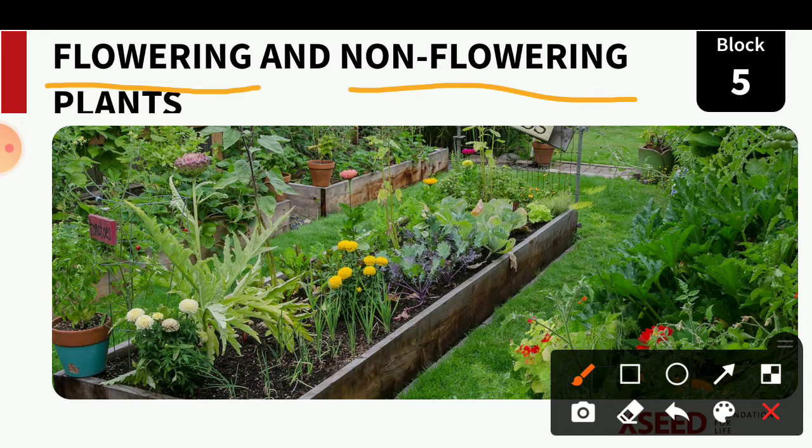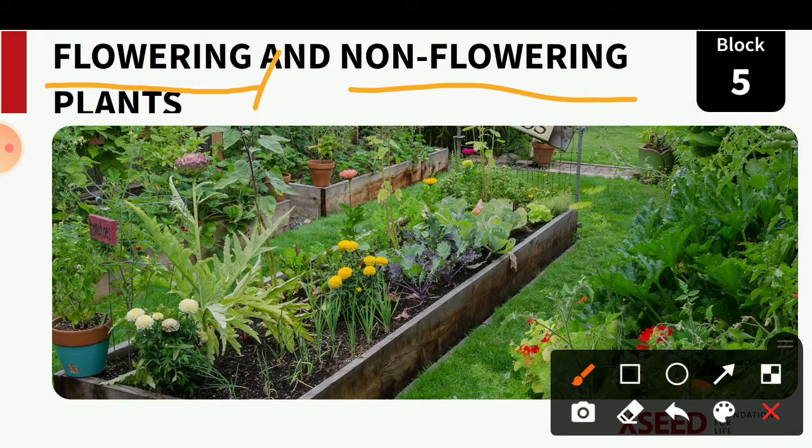Both kinds of plants have all the body parts, like roots, stem, branches, leaves, but the only difference is that some plants have flowers and some plants don't have flowers. So taking this as one of the criteria, we will now group the plants into two categories.